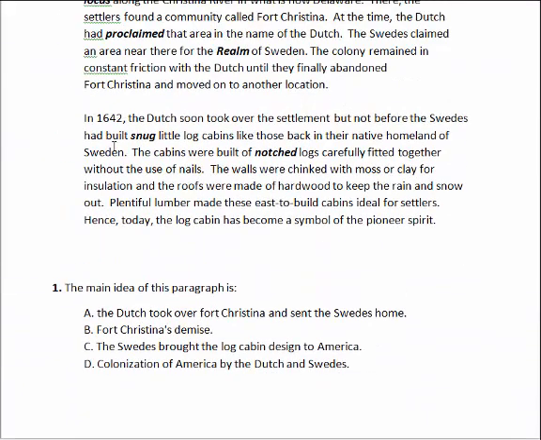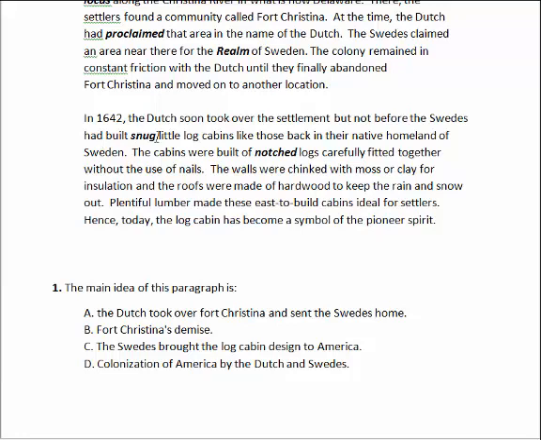The word snug is right here. We're going to plug our answer choices in. Here is the sentence in question. In 1642, the Dutch soon took over the settlement, but, structural clue, let's keep that in mind, not before the Swedes had built snug little cabins, had built tight little cabins, as A says.